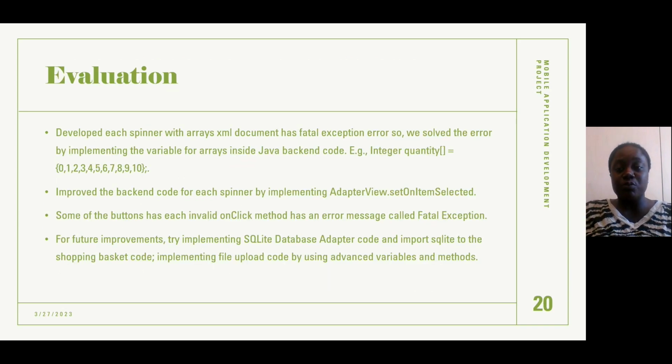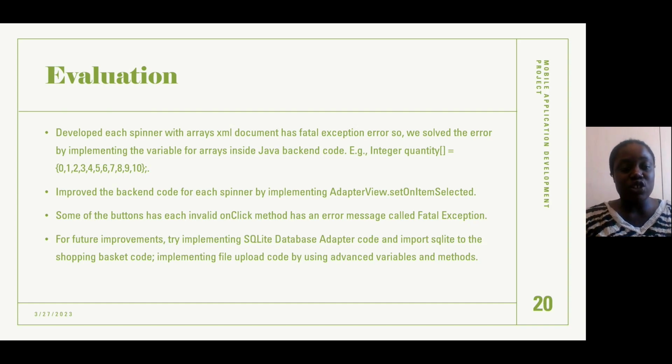What is the evaluation of the ProfitOffers application? We developed each spinner with arrays, and the XML documents had a main error, so we solved the error by implementing the variables for arrays inside the Java backend code. And we also improved the backend code, with each spinner implementing an adapter view's set on item selected.